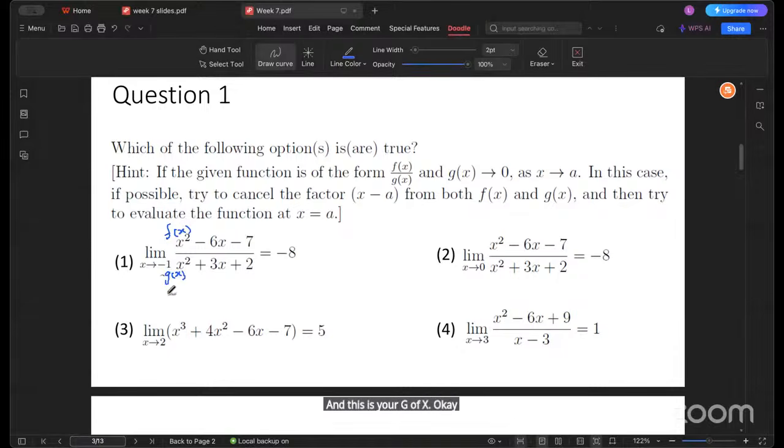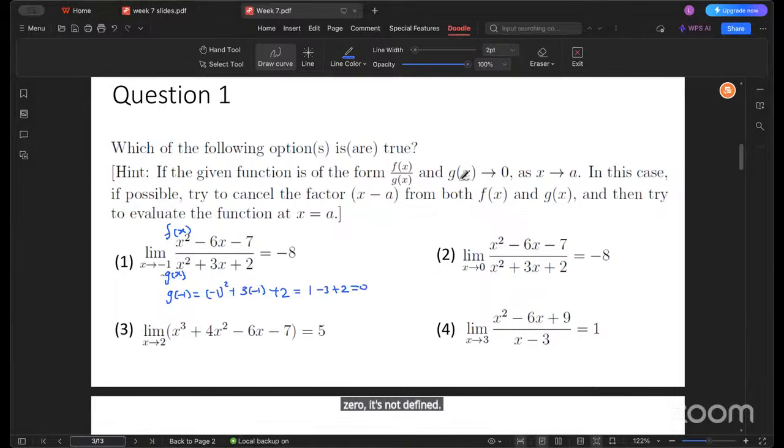So what happens to g of minus 1? g of minus 1 is 1 minus 3 plus 2. It is 0. So you see it's not defined.